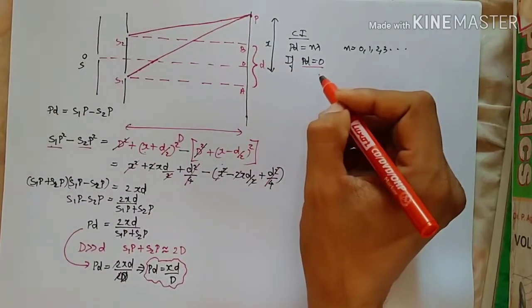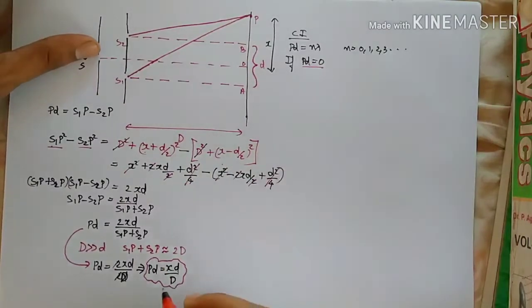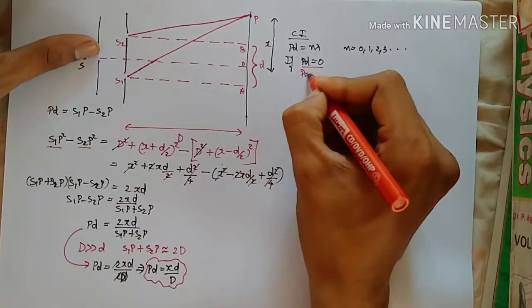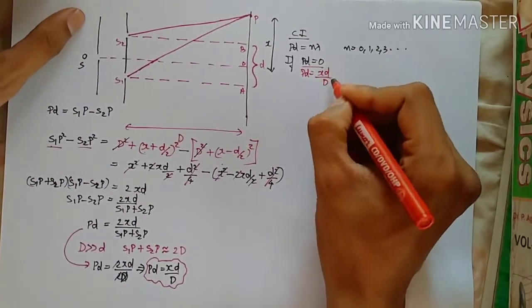If path difference is 0, it should be a constructive interference. If I am substituting that path difference is 0 in this general expression, path difference is xd/D.